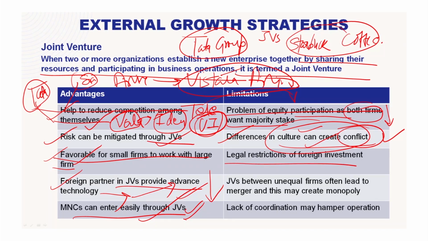Legal restriction of foreign investment: it means sometimes the local government or the central government may not allow joint ventures. Like we can take the example of Walmart. It is not a joint venture, but we can take the reference in terms of the political environment.